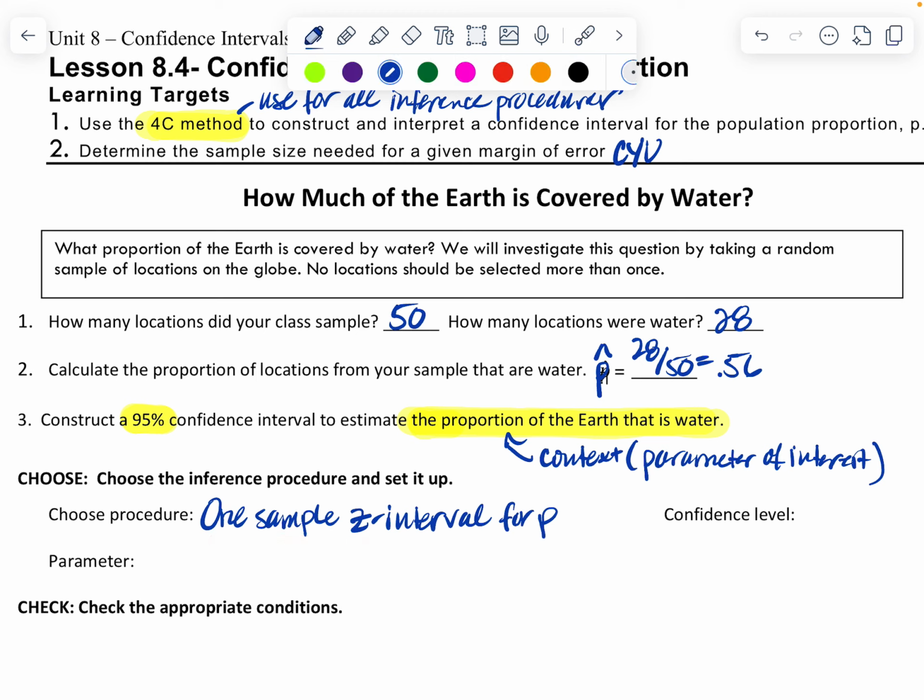The confidence level is going to be 95%, and our parameter of interest, since we are creating this interval, these are all kind of safety net things. We're creating this interval for P. That is also going to be our parameter of interest. So it gives you kind of a way to start. So P, and remember that comes from the context. So it's going to be the true proportion of earth that is water.